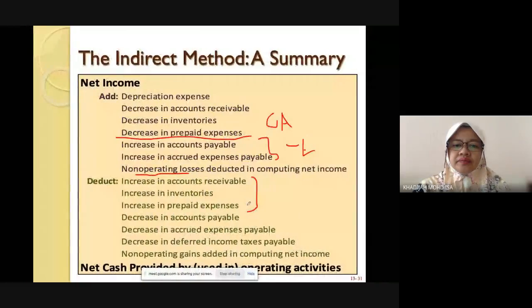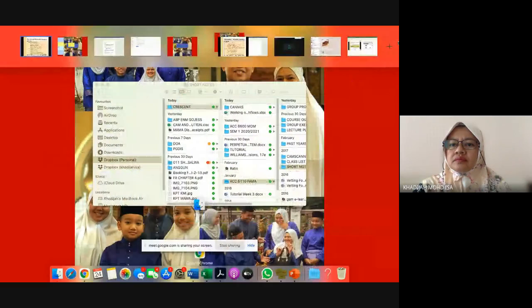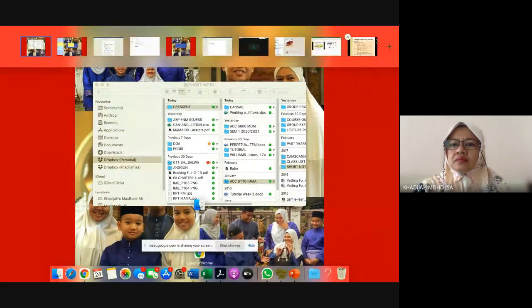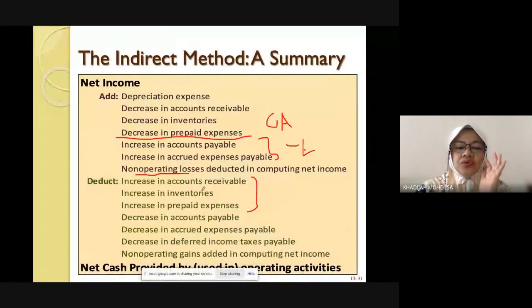Remember just now, for current asset, whenever there's a decrease, you add, and whenever there's an increase, you minus. But for current liability, whenever there's an increase, you plus, and whenever there's a decrease, you minus. That's how you apply this information and plug it into the method.